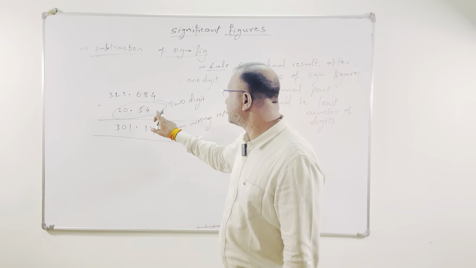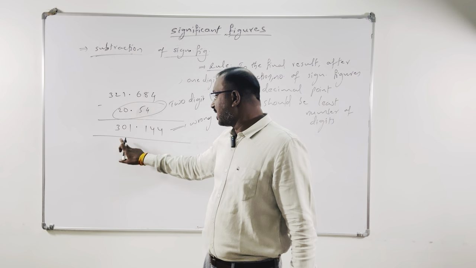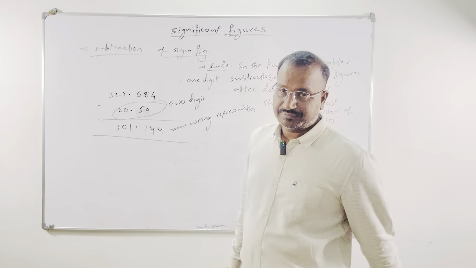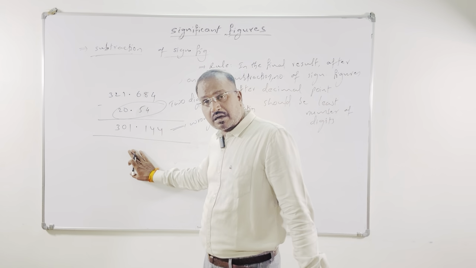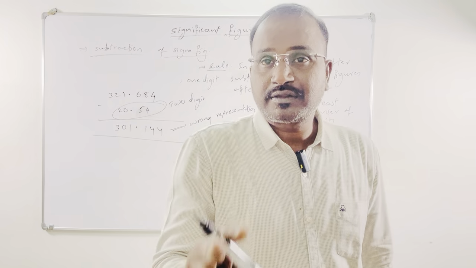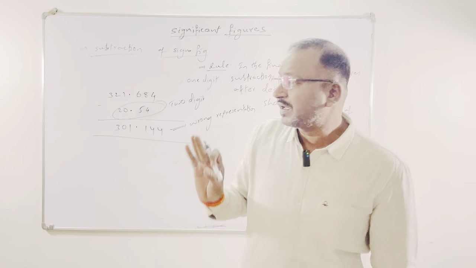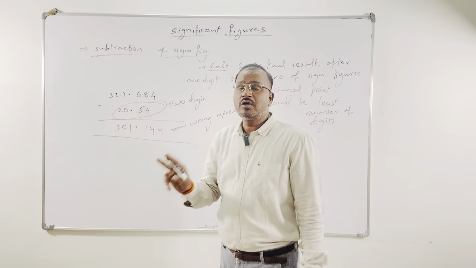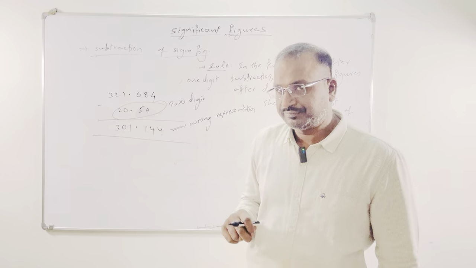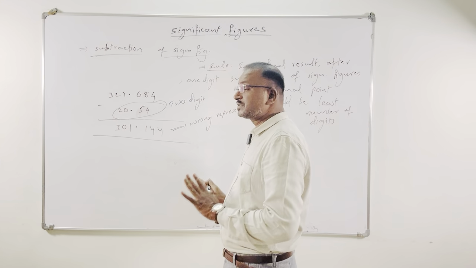So the answer also should have 2 digits after the decimal point. That means in the final answer we get, only 2 digits should be there after the decimal point. It should not be more than 2. Why? Because in the given values, one value has only 2 digits after the decimal point. Before the decimal point, whatever the number, but after the decimal only we have to consider.